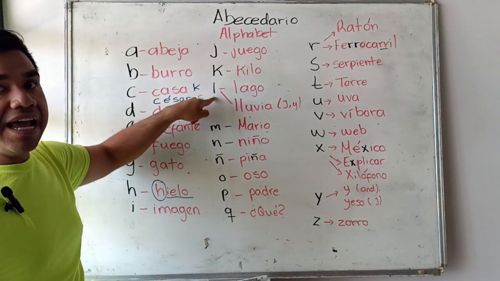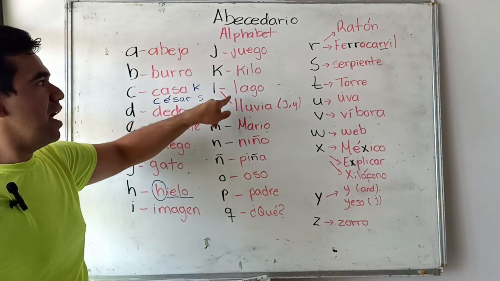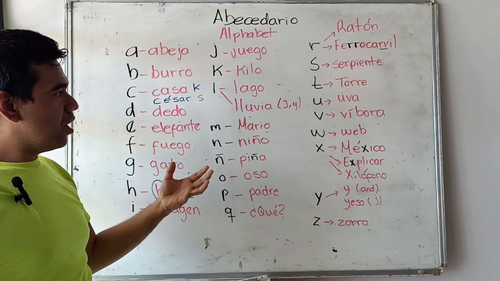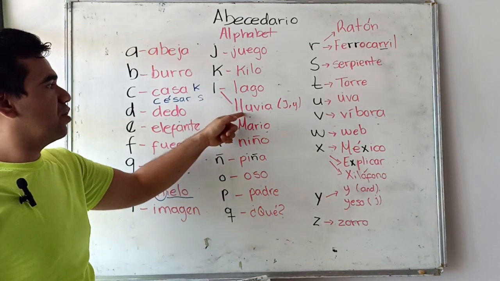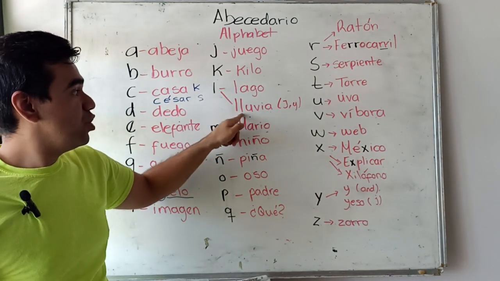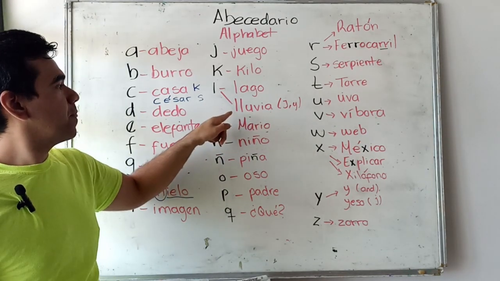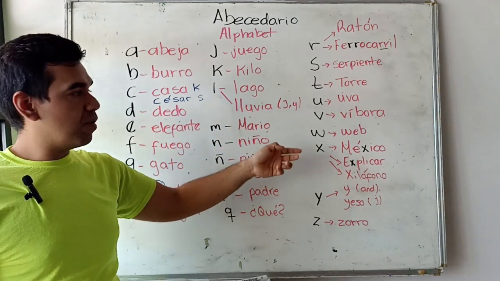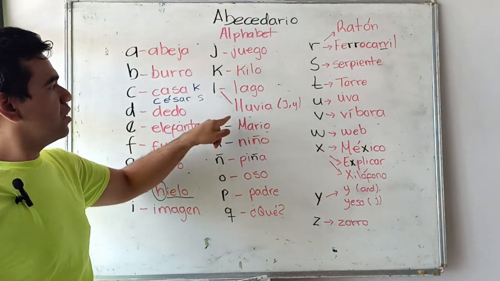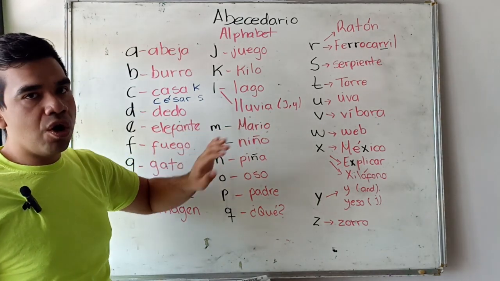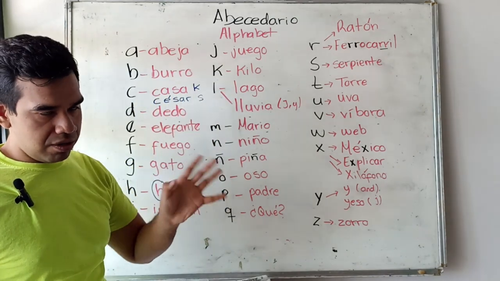L, as in lago, lago, or depending if you are using a double L, like here in lluvia, rain. You see here, double L sounds like a J or a Y. So, lluvia, no "lluvia" with an L sound.